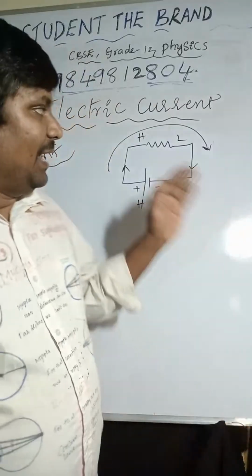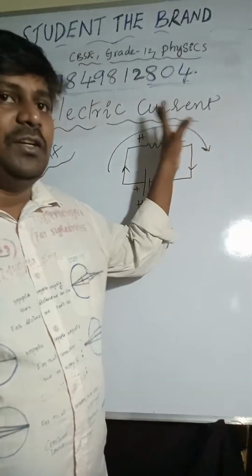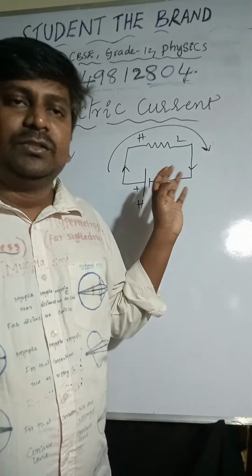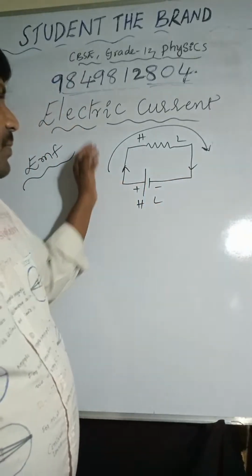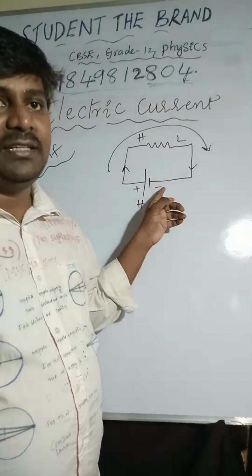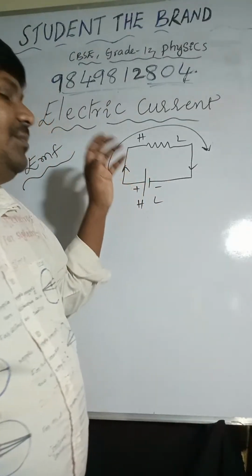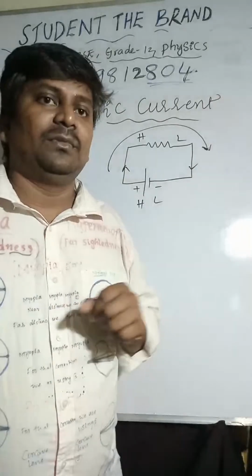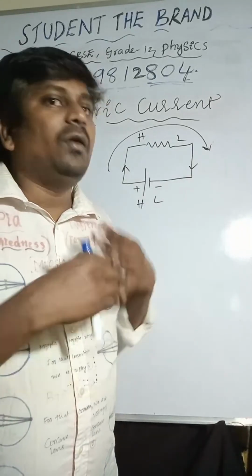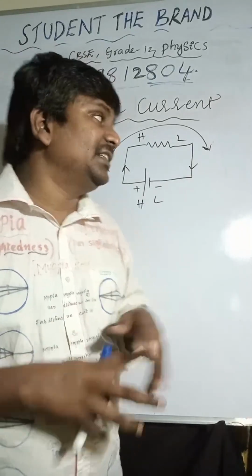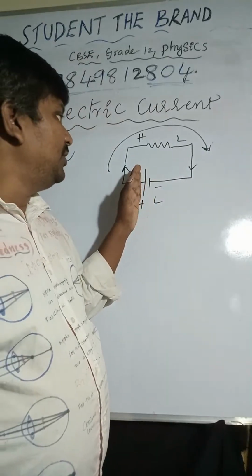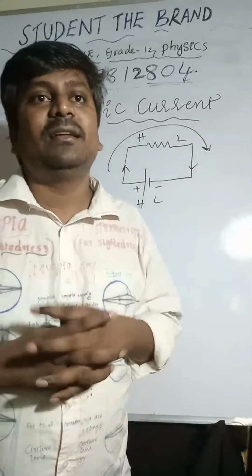Electrons move from low potential to high potential. Now inside the battery, from negative terminal to positive terminal, the positive charges should move. So how will they move? How will positive charges move from negative terminal to positive terminal in the cell?